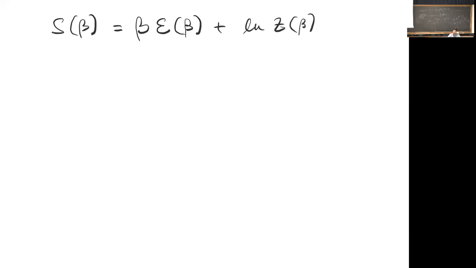Let me write it again. We have S of E. So the initial relation we had was S of beta, which was the Shannon entropy of the Boltzmann distribution at inverse temperature beta, was equal to beta times the internal energy when inverse temperature is beta, plus log Z of beta.